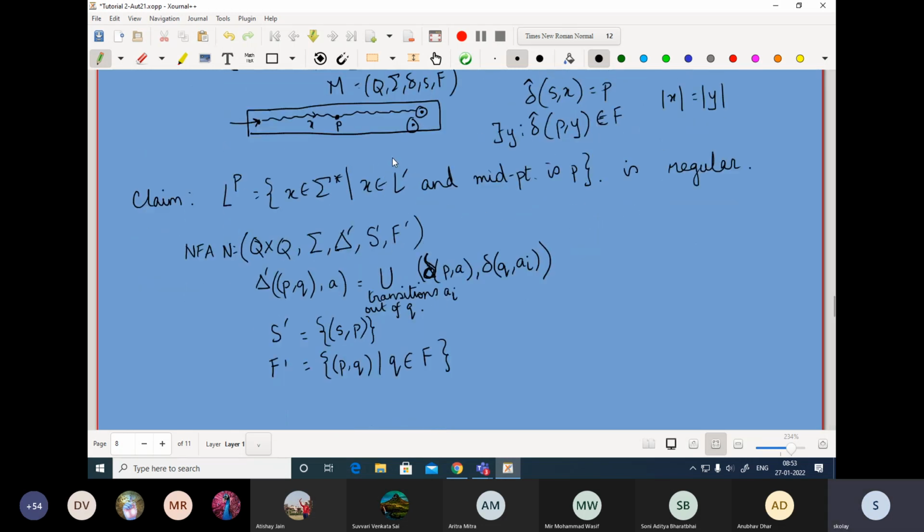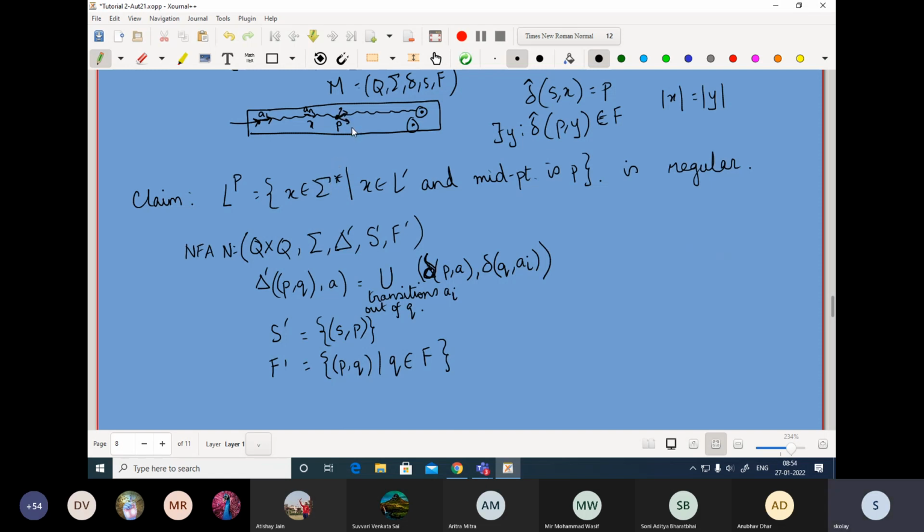Now, what the NFA is doing is, let's say X is some A1 to AN, then I just need to ensure that there exists a path of length X from P to some state. P has a transition for each of the symbols in sigma.